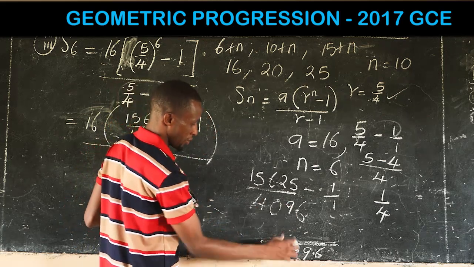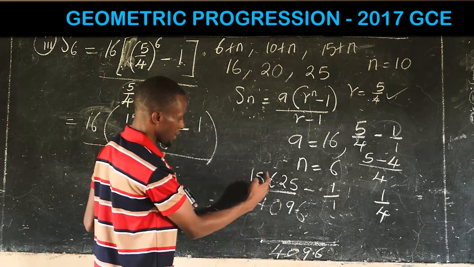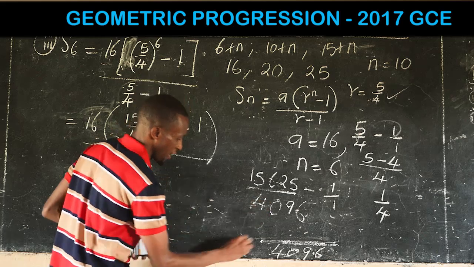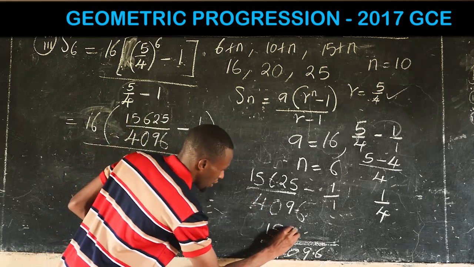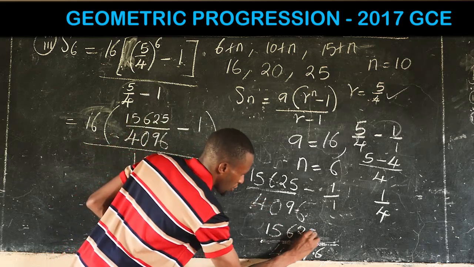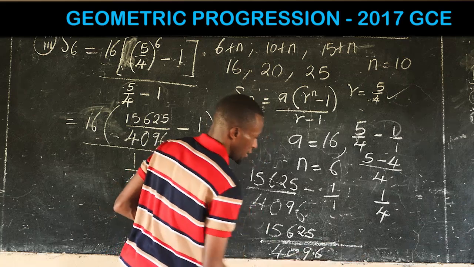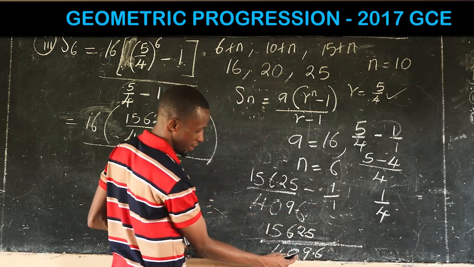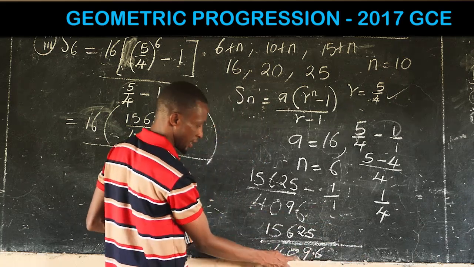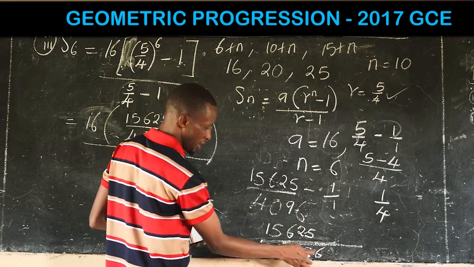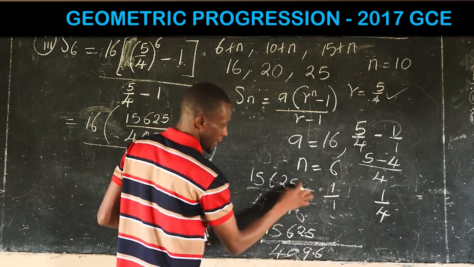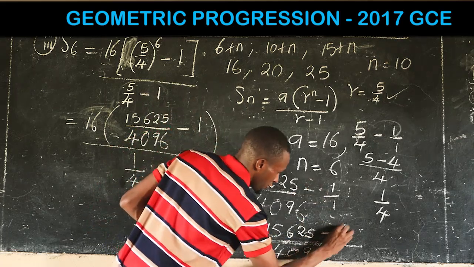So this into this will give us 1. 1 times 15,625, it will still be 15,625. Then 1 into 4,096, it is the same number. This 4,096 times negative 1 to give us negative 4,096.